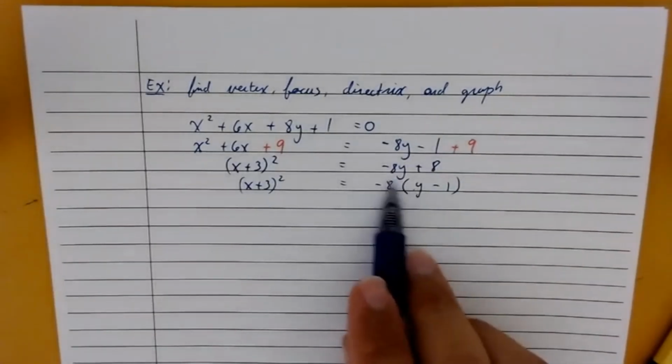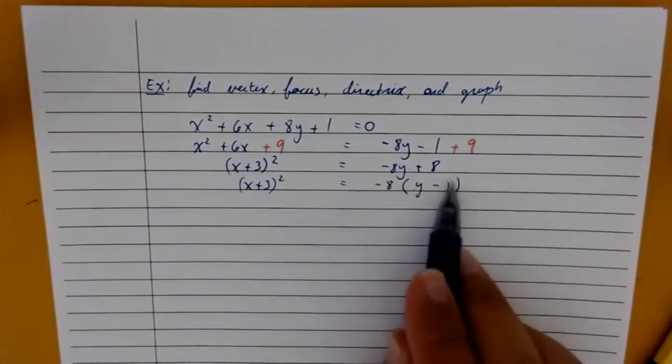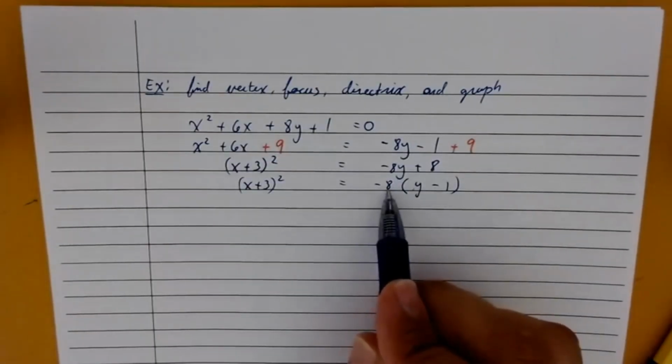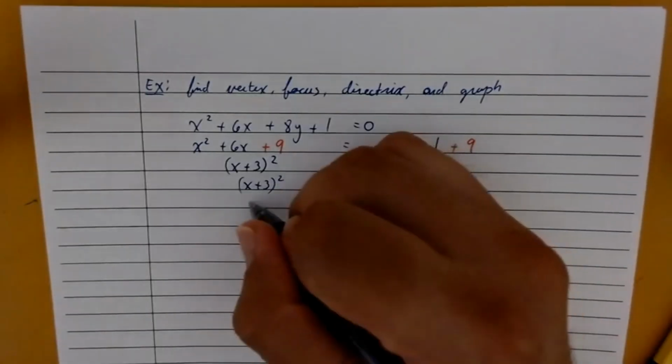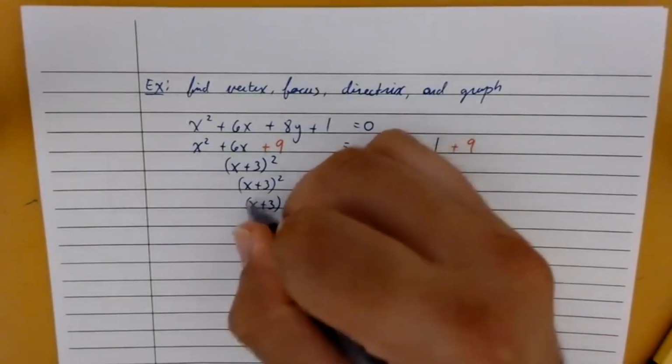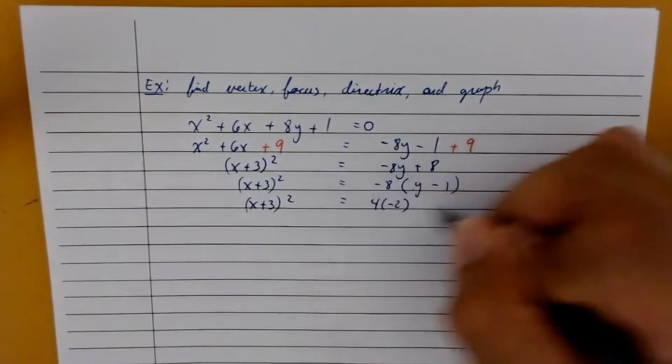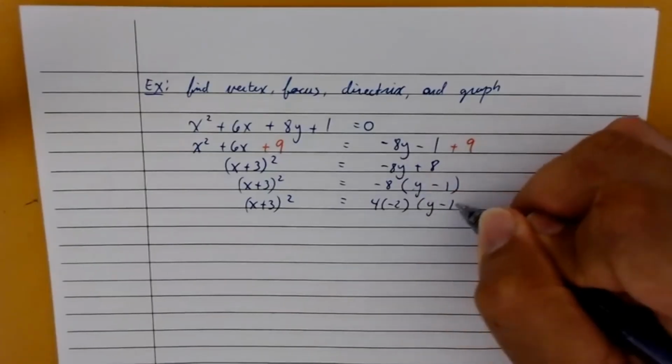After all, negative 8 times y is negative 8y. Negative 8 times negative 1 is positive 8. But of course here, this negative 8 can be written as 4 times negative 2. So x plus 3 squared equals 4 times negative 2 times y minus 1.